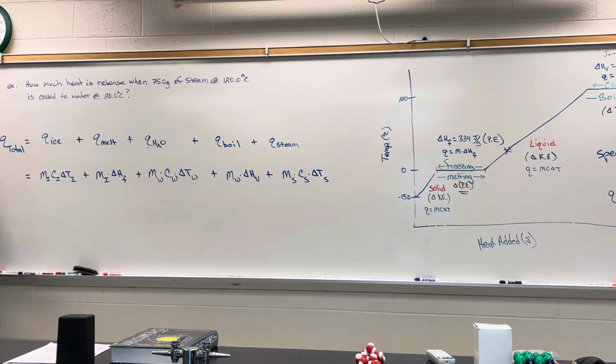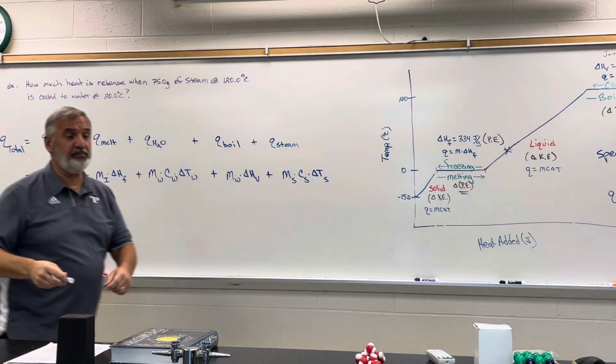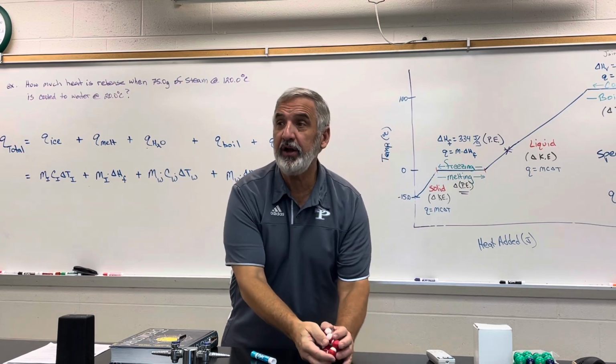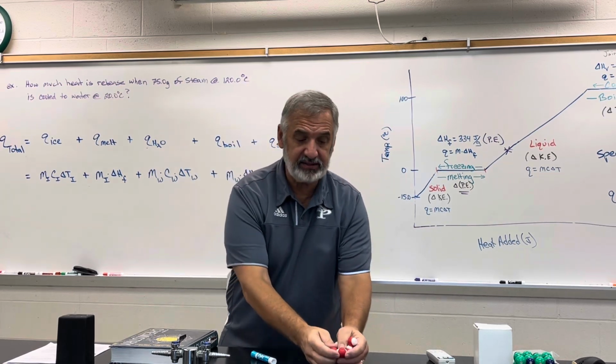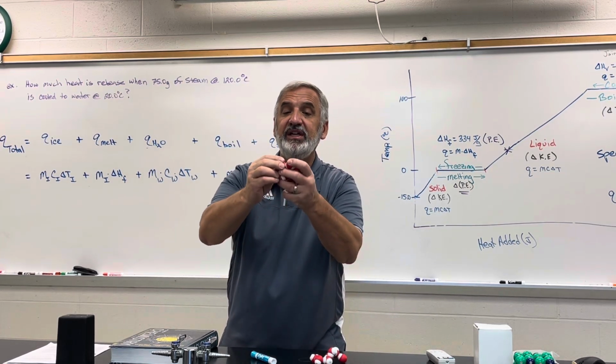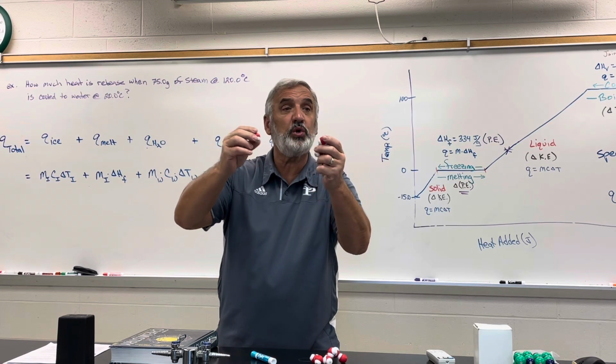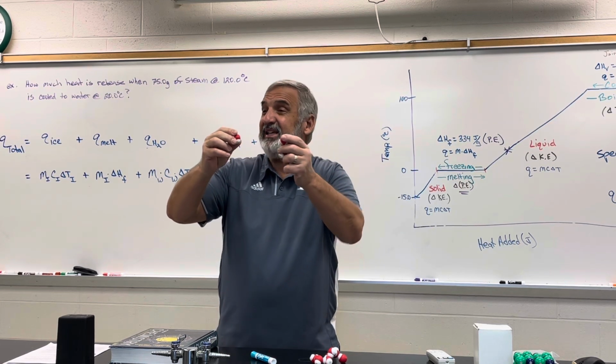Okay, so we're going to come down. Now listen, everything is the same except what's different? Riley, what? Subtraction, because the heat of vaporization is negative. When you have the water and you break the bonds, you're putting energy in, and so now it has stored energy. It didn't get hotter.